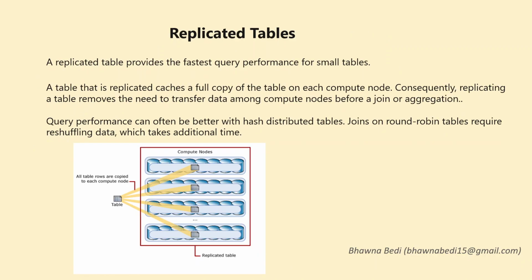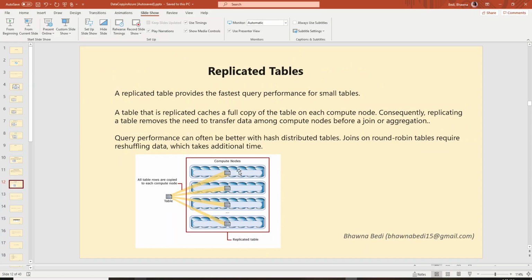So let's go ahead and check the replicated tables. I feel that replicated tables are conceptually the same as the broadcast join. It is basically used for smaller tables. What happens is, whenever you have a small table, that table is replicated over each and every compute node.